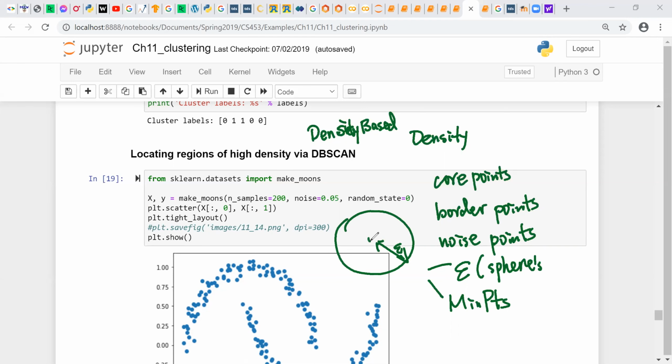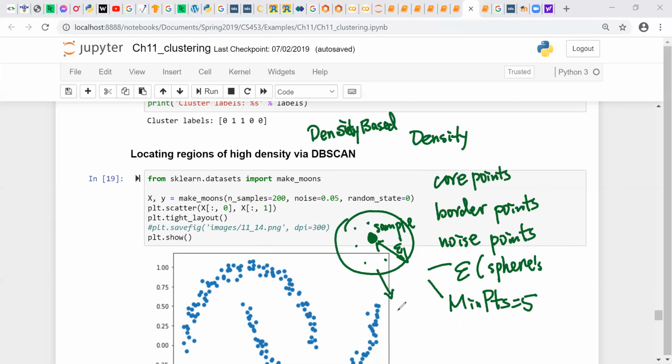If you have a sample, you use this sample as the center and you get a sphere. Then you check if this sphere has the minimum number of points. Suppose the minimum number is 5.